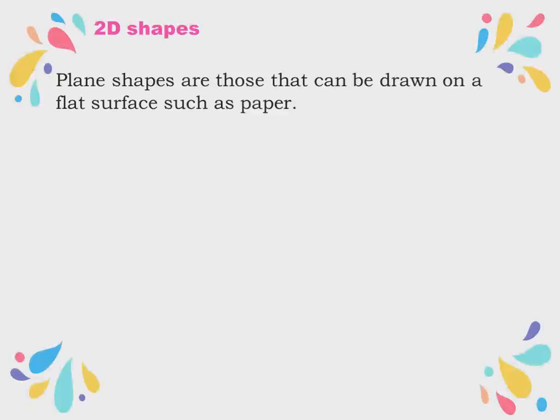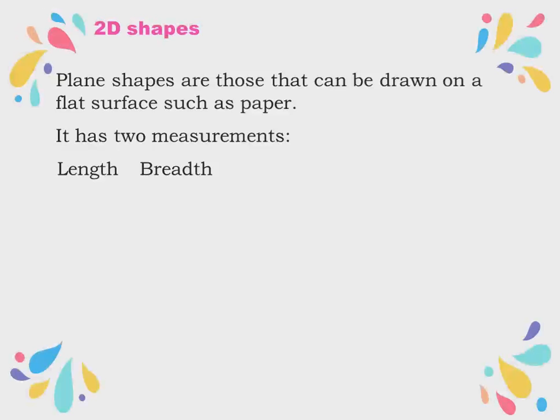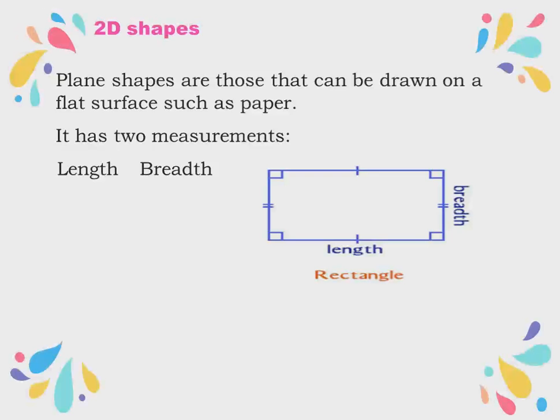2D shapes. Plane shapes are those that can be drawn on a flat surface such as paper. They have two measurements, that is, length and breadth. So, if we draw this on a plain paper, it has two measurements, length and breadth.